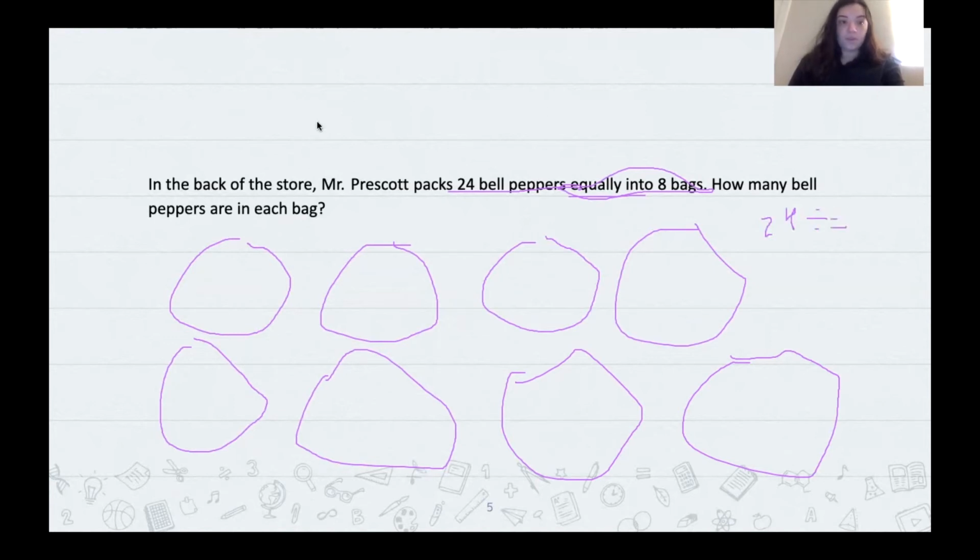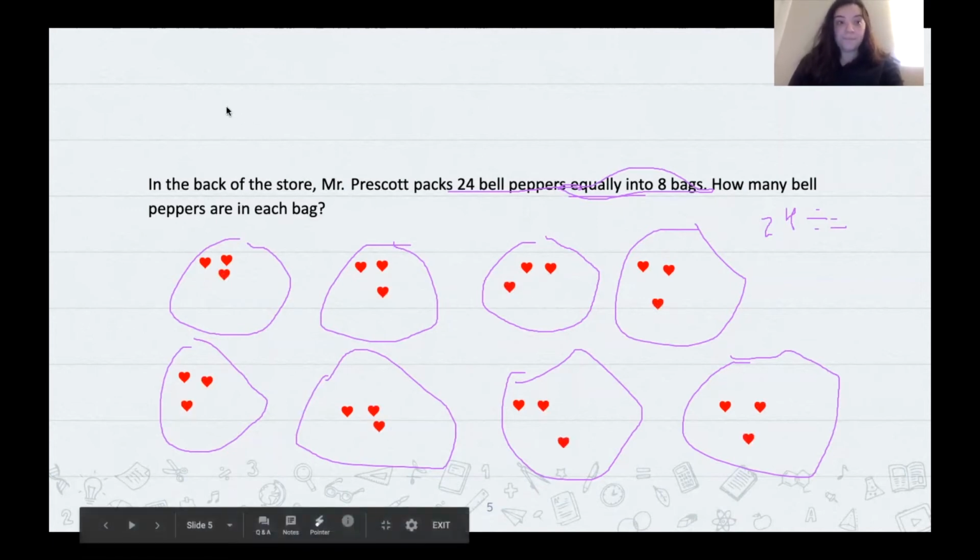I'm going to use my stamp, and I'm going to put 1 in each bag until I hit 24. So here, 8, 9, 10, 11, 12, 13, 14, 15, 16, 17, 18, 19, 20, 21, 22, 23, 24.